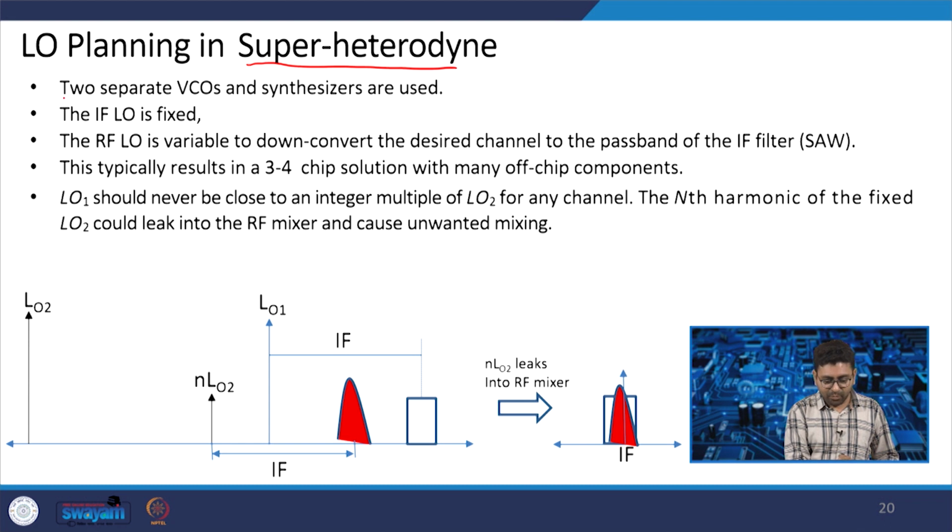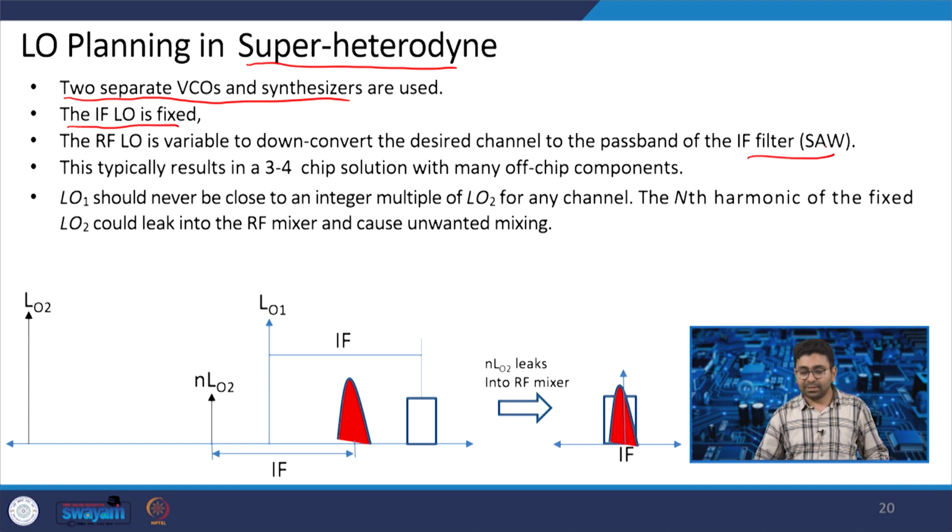As we know, in super heterodyne you require two times down conversion, so we are using two mixers. You need two separate VCOs or synthesizers or PLLs, because you have separate LO frequencies. One of the IFs is fixed, and the RF LO is variable to down convert the desired channel to the pass band of the IF filter.